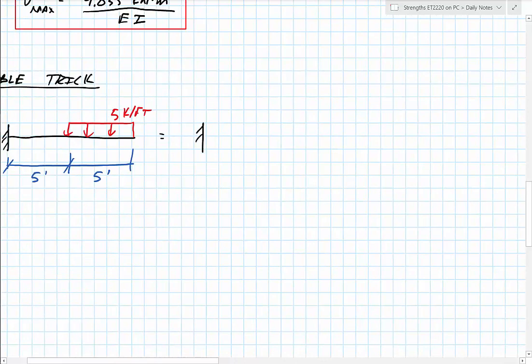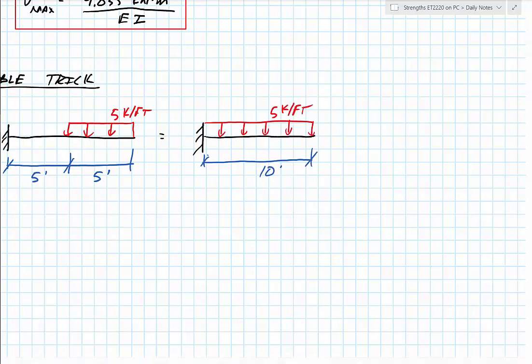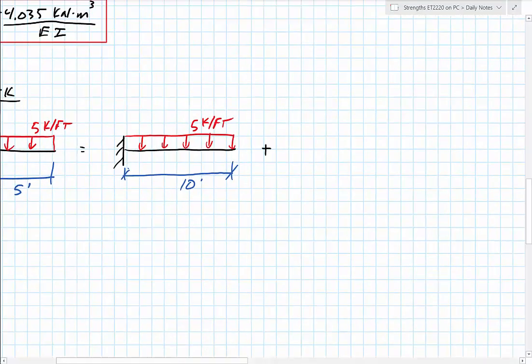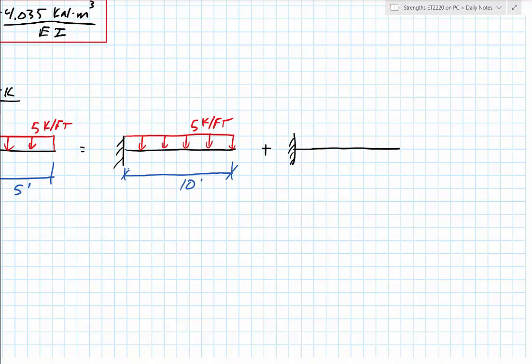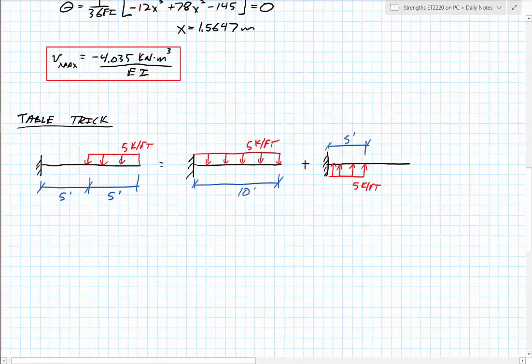So one way that I can do this is I can say that this is the same thing as a distributed load across the entire section, and then I would add on the reciprocal of, or the opposite direction for, that first half, and that would leave me with just a load pointing down on the second half. So when you get to the homework, it's almost identical to that problem.